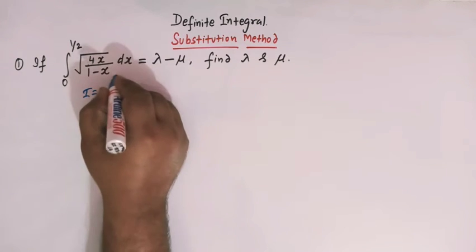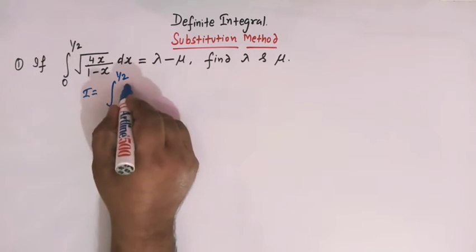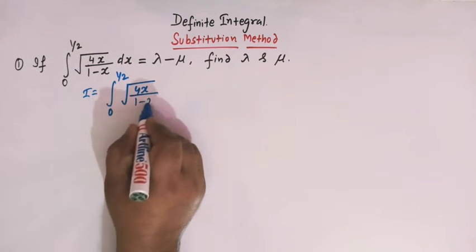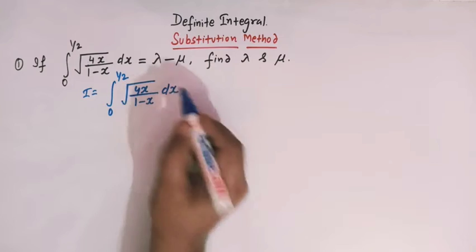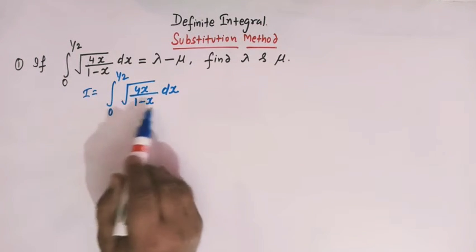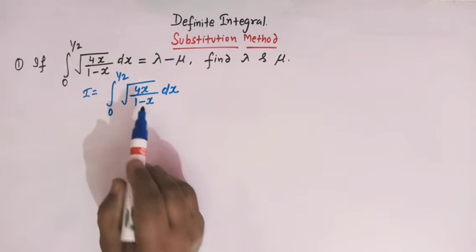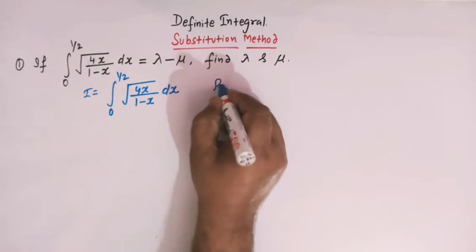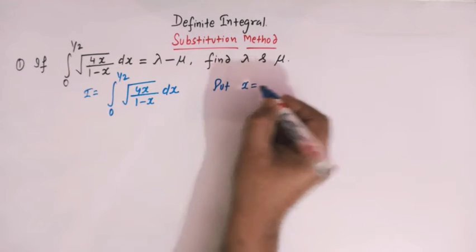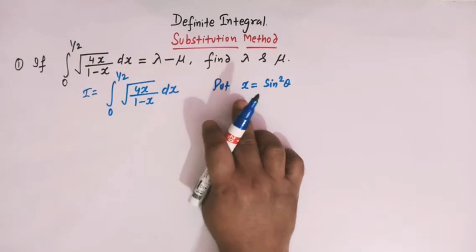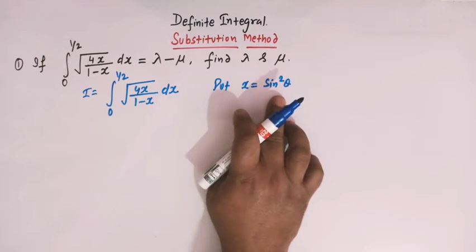Now, in order to solve this integral, let us first take this integral as I. I is the integral from 0 to 1/2 of the square root of 4x divided by 1 minus x. Viewers, here we will make a proper substitution: we can take x equal to sine square theta.